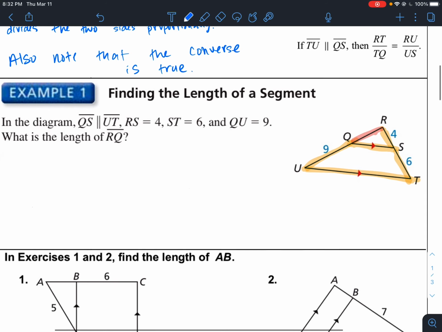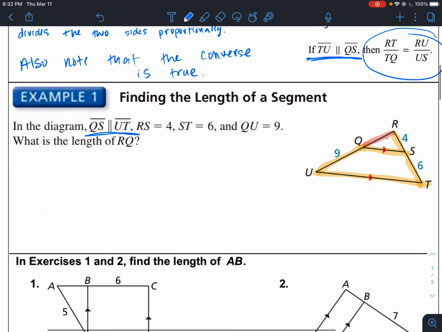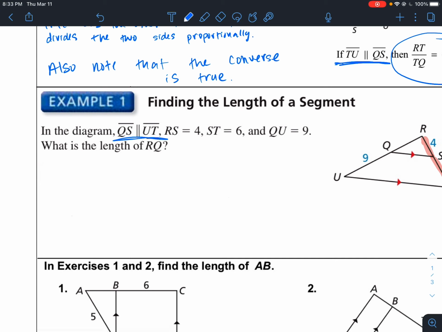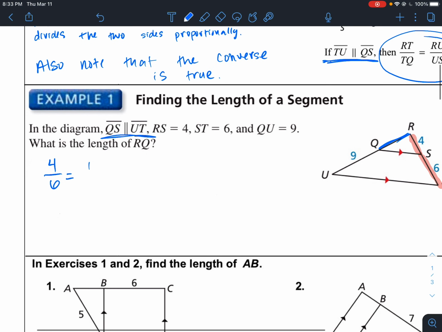Since we know that these lines are parallel, as given here, we can set up a proportional statement like this. So look at the legs on both sides of the parallel line. We can set up a proportional statement of 4 to 6 is equal to RQ to 9.